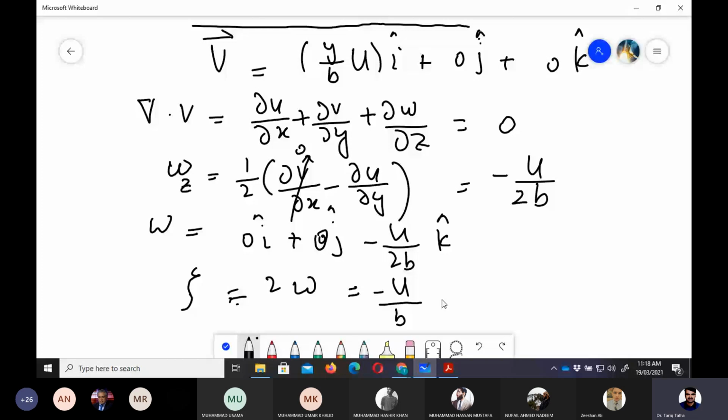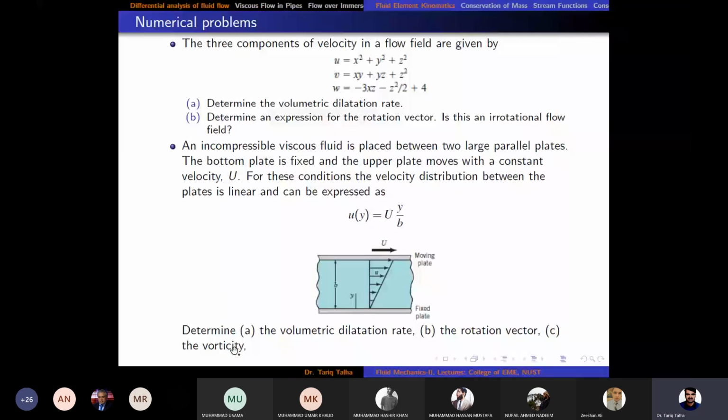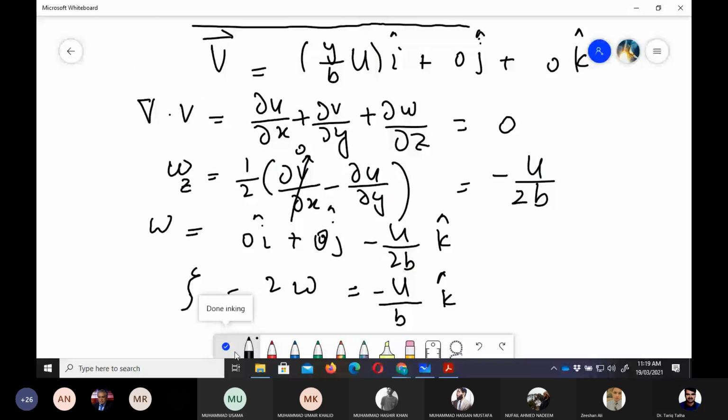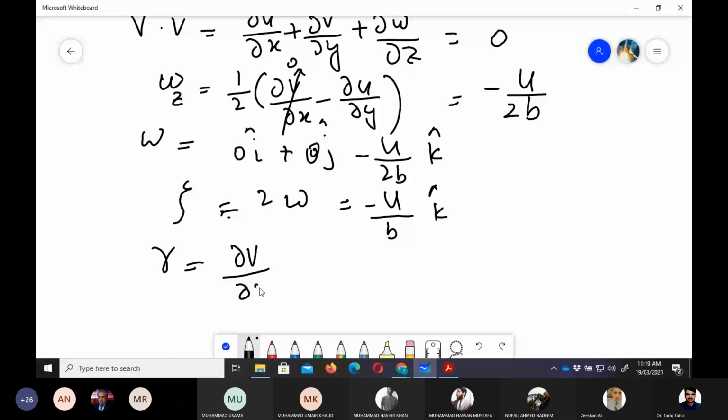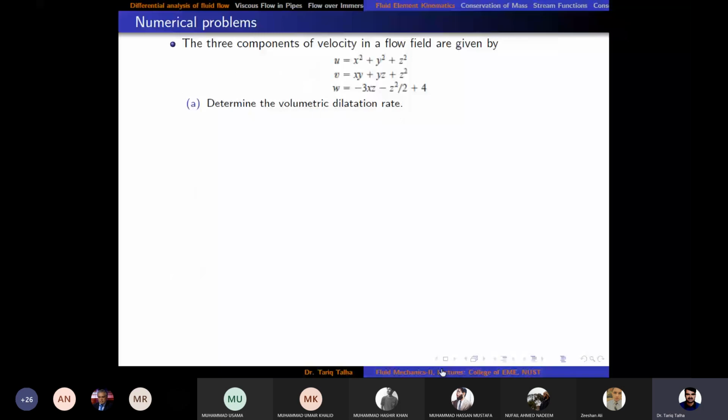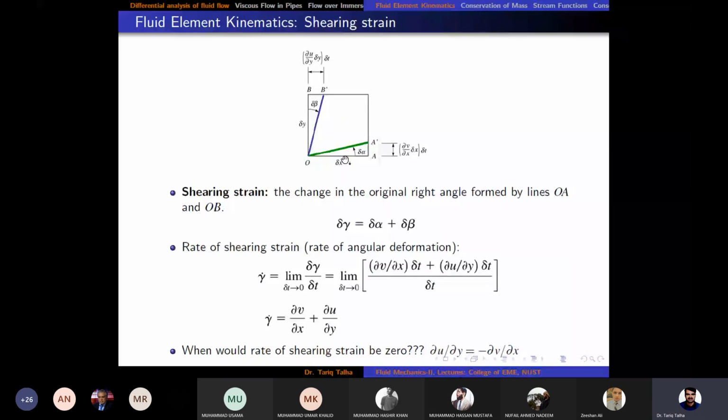After that, we need to find the shearing rate of angular deformation, which is the shearing strain in this case. That would be equal to partial v by partial x plus partial u by partial y. If you are wondering where we got this equation, if we go back here, this one, the rate of shearing strain, or rate of deformation, is partial v by partial x plus partial u by partial y.